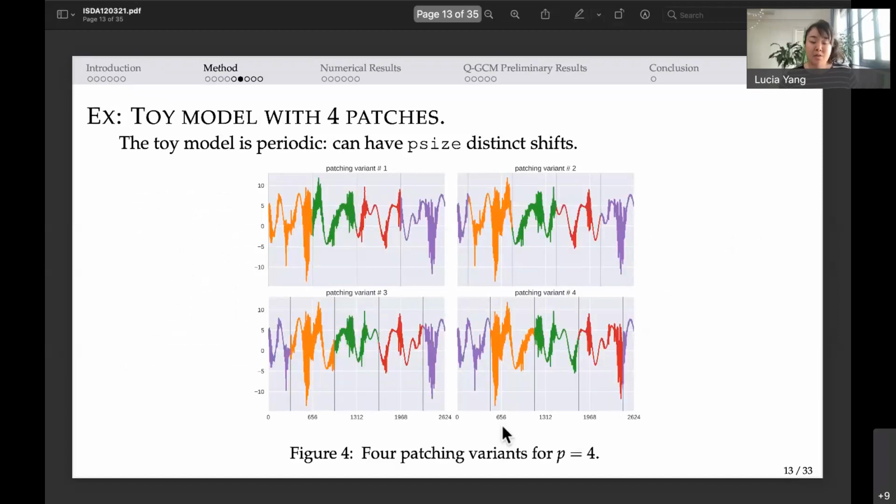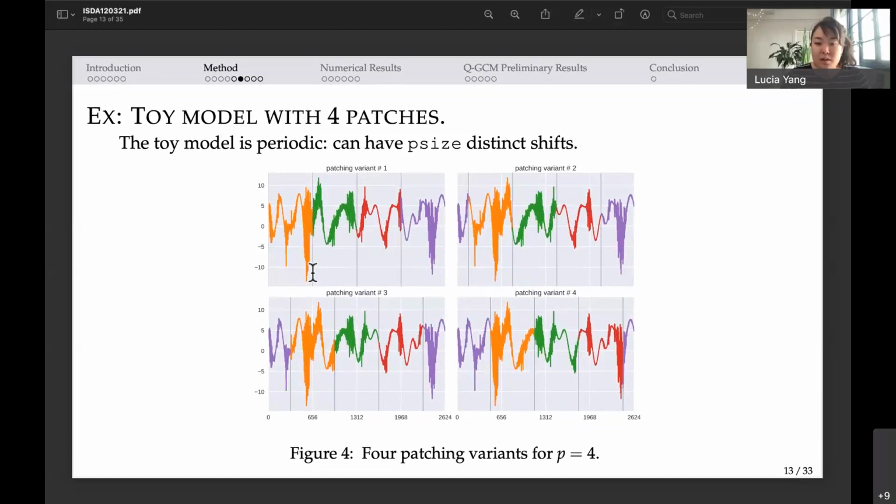As an example, I show you one sample from the multiscale Lorenz 96 model. We are trying to divide the sample into 4 patches. The first one in the upper left is the canonical example of how you can divide a state into 4 different chunks.